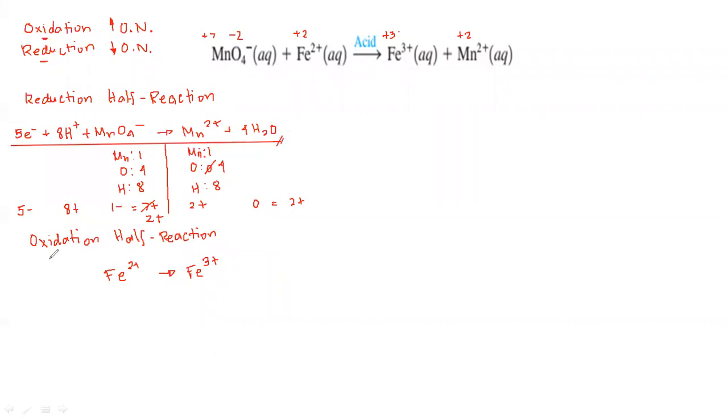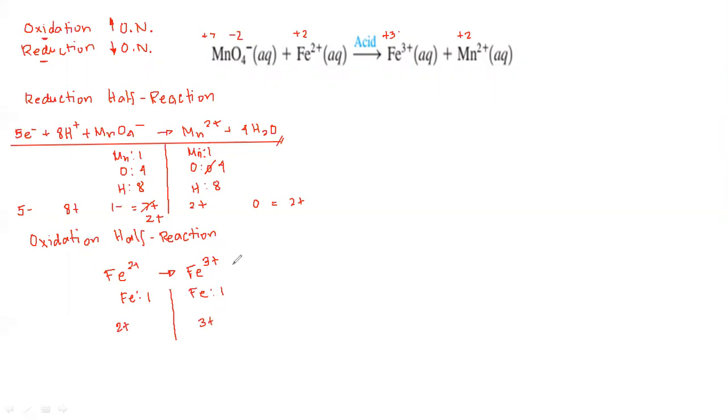Now, let's proceed to the oxidation half reaction. First, we have to balance the elements. At the right side, we have 1 iron. At the left side, there is also 1 iron. So all elements are already balanced. Let's check the charge. We have 2 plus at the left side and 3 plus at the right side.